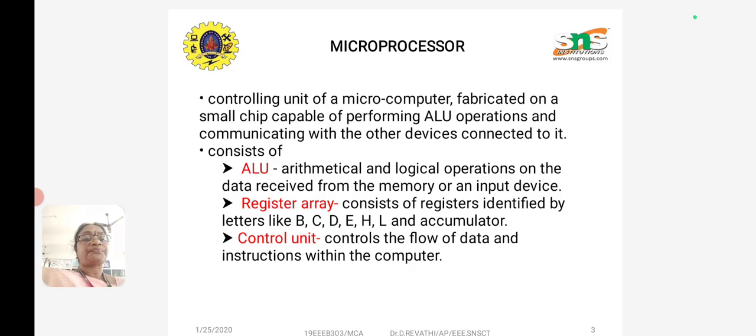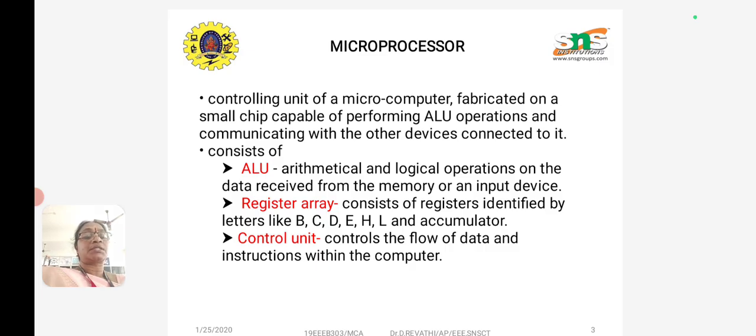Registers are made up of a number of cells together, and that is called a register. A register is a temporary storage unit. Normally registers are identified by letters like A, B, C, D, E, and HL, and the accumulator is also called a register.